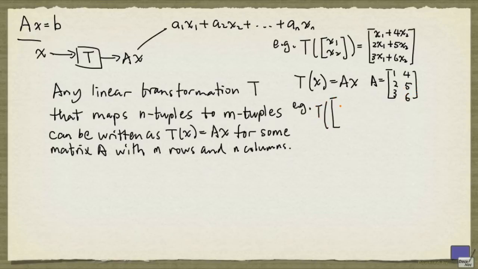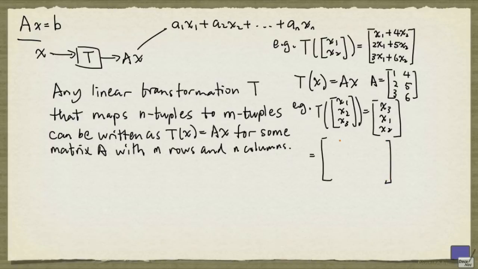If T of x1, x2, x3 is given by this, that is, T maps the third component into the first component, the first component into the second component, and the second component into the third component, we can still give a matrix A. And rewriting this output in the following manner, the matrix will become clear.